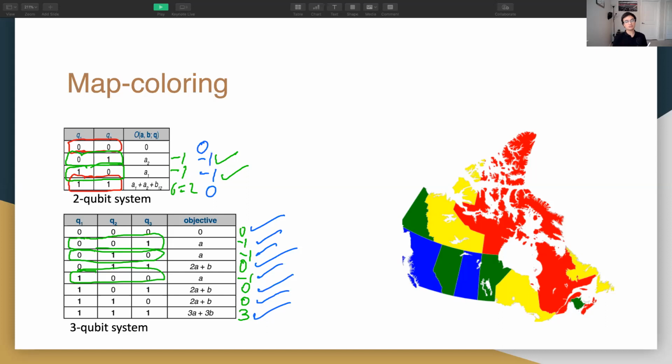If we run the quantum algorithm, let's say 1,000 times, the instances of my algorithm giving me 1 are more than the instances of it giving me zeros. So here, the probability that my algorithm will give me the favorable outcomes is much more. And the probability that it will give me 1, 1, 1 is the least, because it has the highest value.